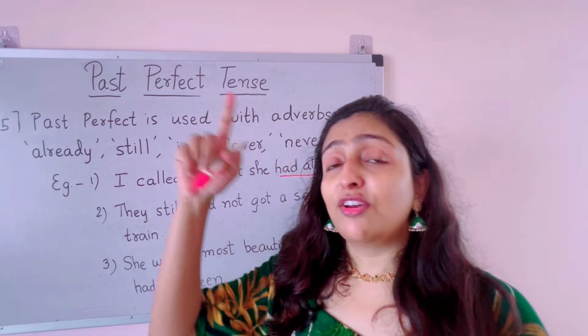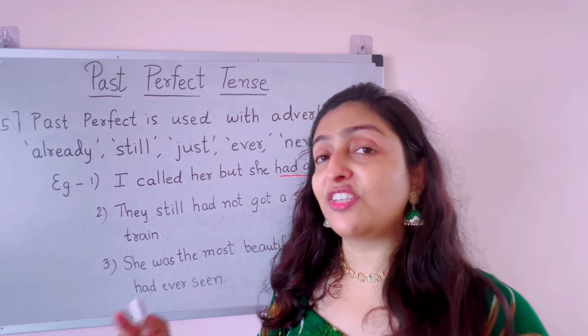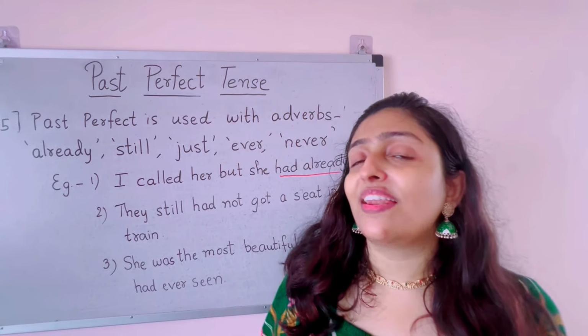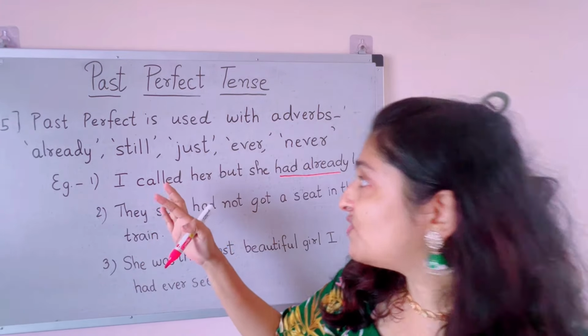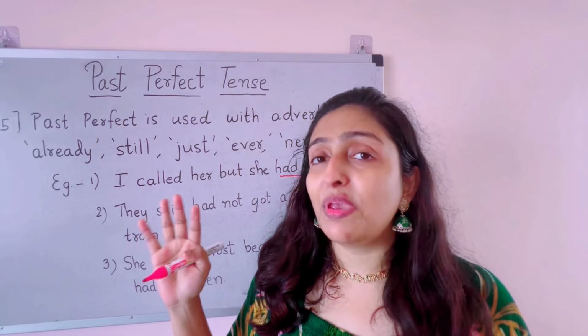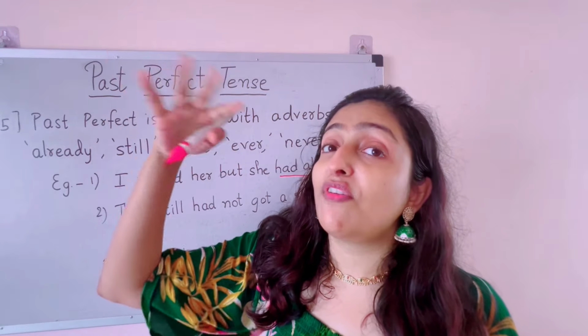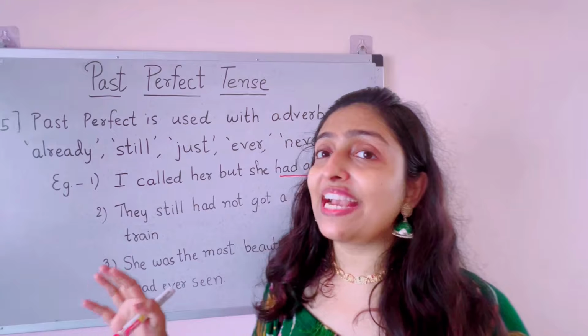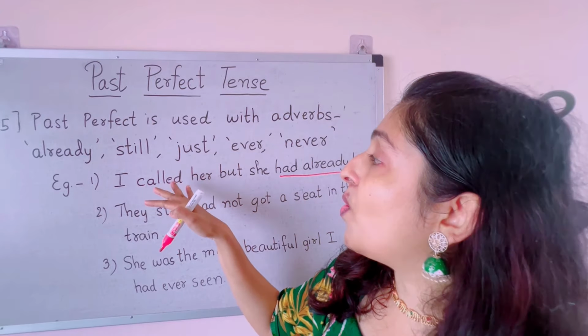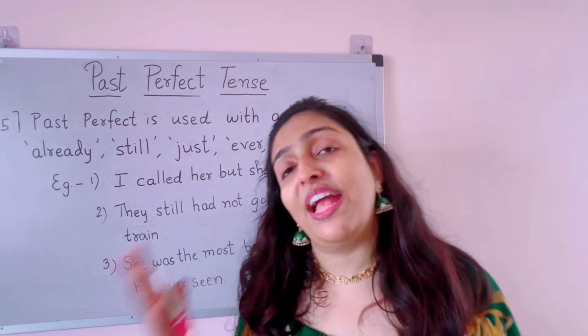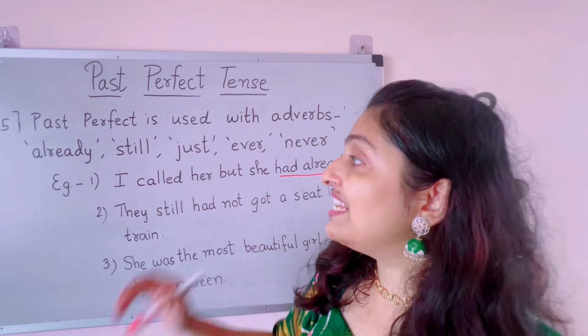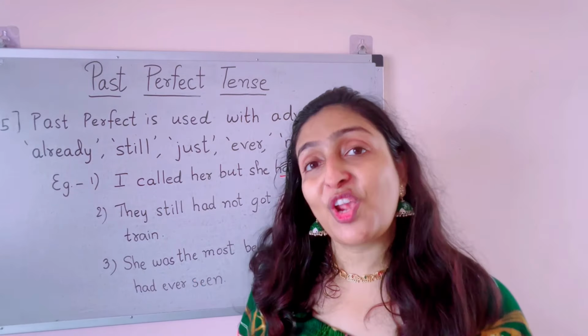Now, try to recollect rule number 1. What does it say? One action is in simple past. The other action, to be in past perfect, should have occurred further back in time. So here, event 1 is she had already left. The second event is I called her.